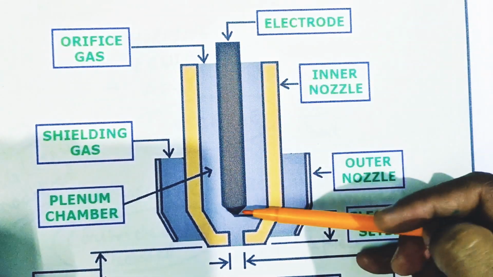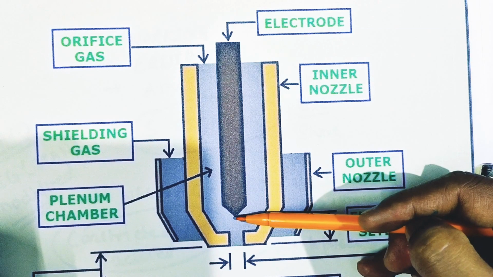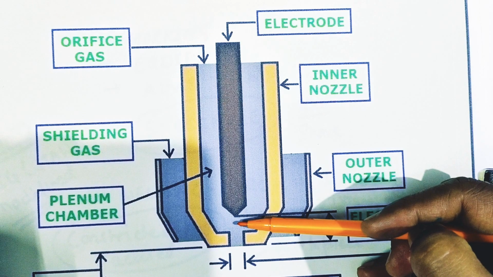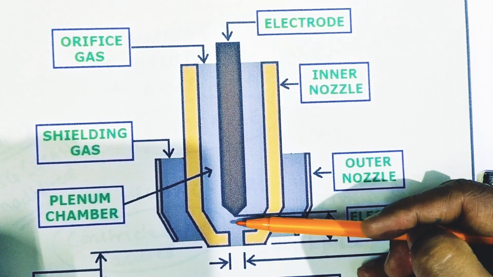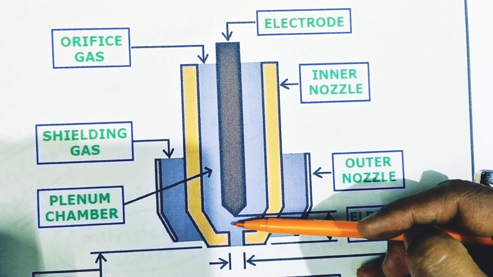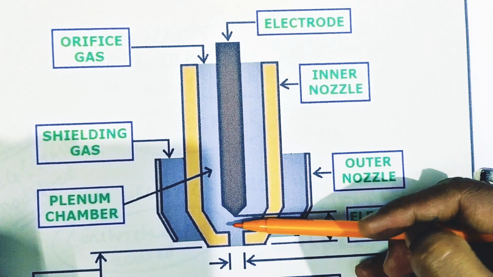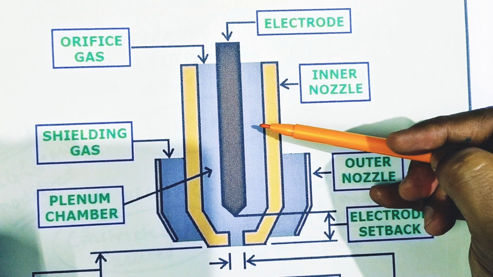The electrode produces an arc, and this arc hits the orifice gas, and due to the heat of the arc, electrons leave their atoms in the orifice gas, and when electrons leave their atoms, this gas becomes ionized.